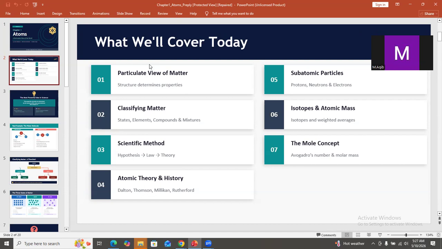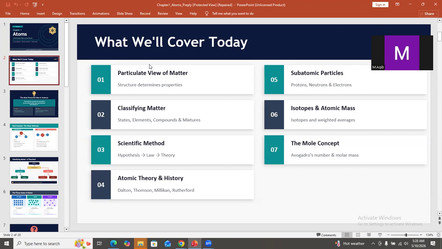There are other subatomic particles as well, such as positron, neutrino, and various others. But we are going to get to them later on, maybe in the next few chapters. These are the basic subatomic particles that we are going to study in this chapter.